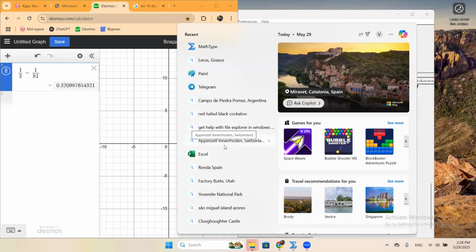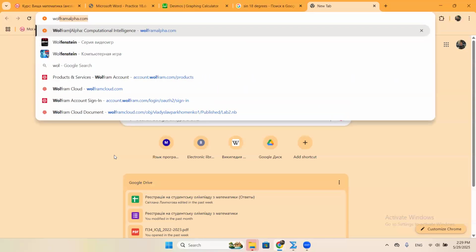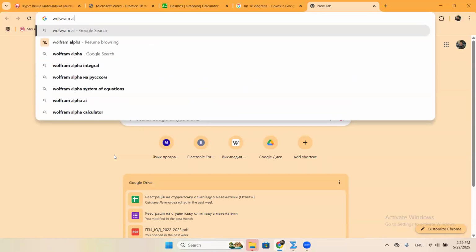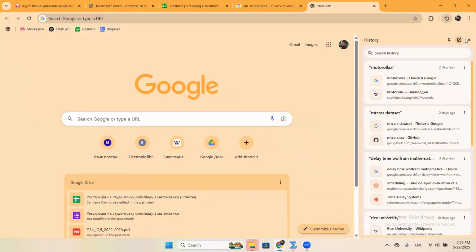And let's calculate the value of the integral with specialized software, Wolfram Alpha, for example.